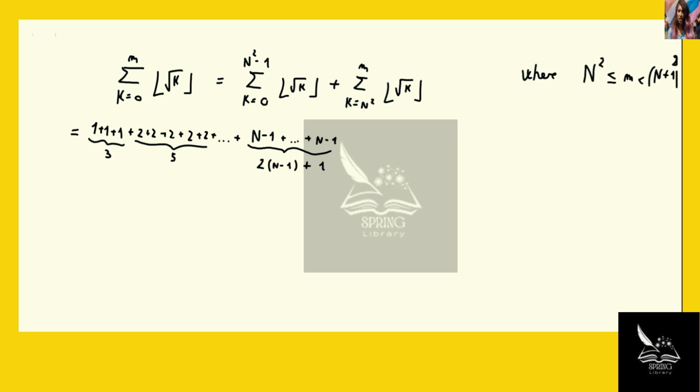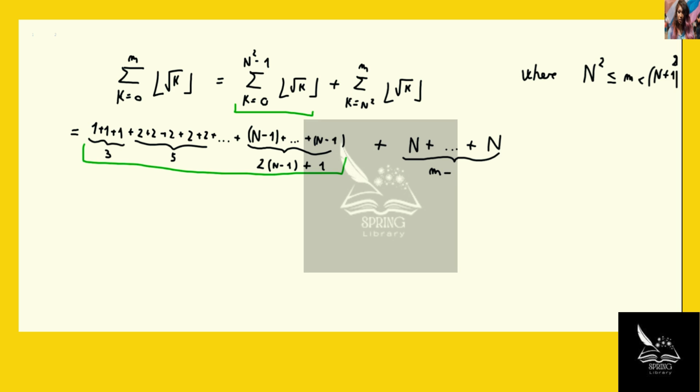And that's the first sum. And then for the other sum, we know that the floor of the root of k is exactly N. So this is N summed a bunch of times, and this number of times is exactly m minus N squared. And this is the second part, where we have the crucial observation that big N is exactly the floor of root of m.